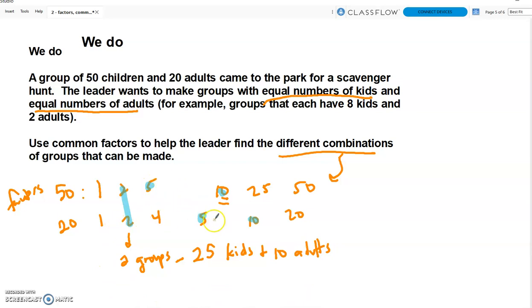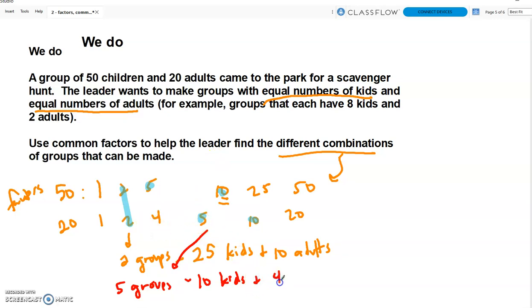So the next thing I can do is I can make 5 groups. Right? Another possibility is I can make 5 groups. If I make 5 groups, 50 divided by 5, that's going to be 10 kids in each group. And 20 divided by 5, that is 4.